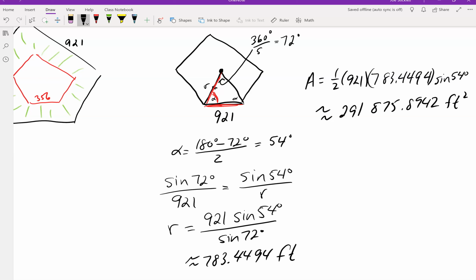Now that's just for one triangle, right? So the area of the big Pentagon, because we still have to do the little one, will be 5 times that.